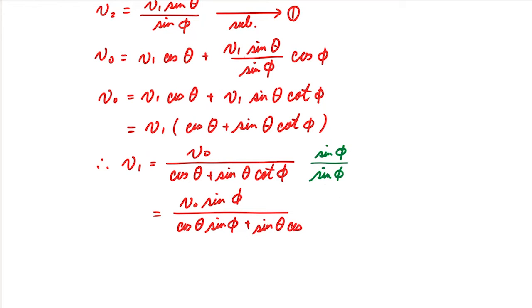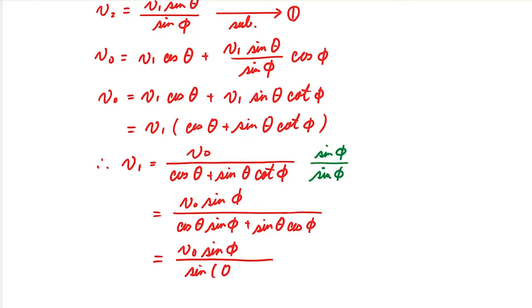Tell me this is not too much identity. Why does the denominator look so familiar? Cosine sine plus sine cosine. This is also known as, somebody say it.